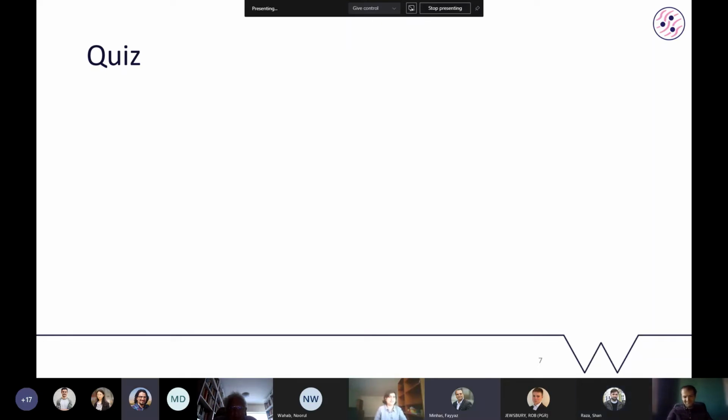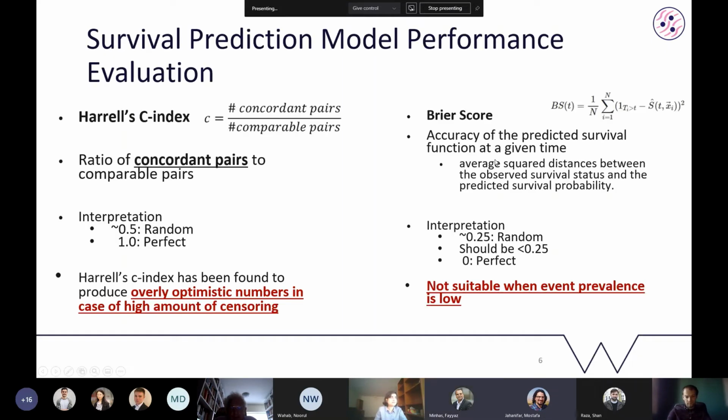Yeah, I have a question, if that's okay. Yes, go ahead, please. Thanks, Amina. Can you go to the previous slide, please? Yeah, I fail to understand what the comparable pair means here. Okay, a good question. So we are taking pairs of examples in which one of the examples will have a lower survival time as compared to the other.